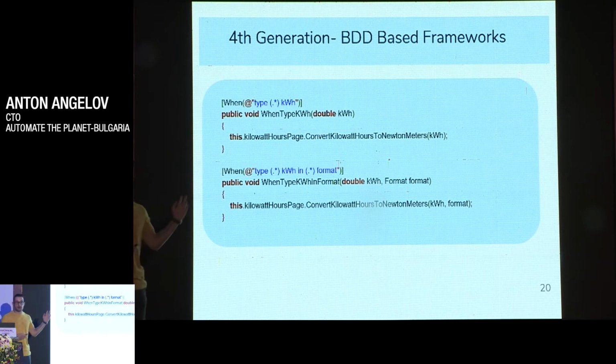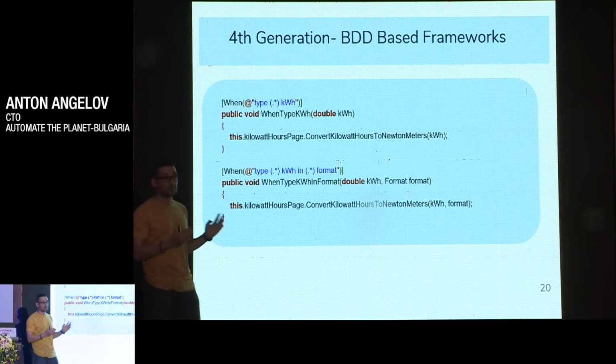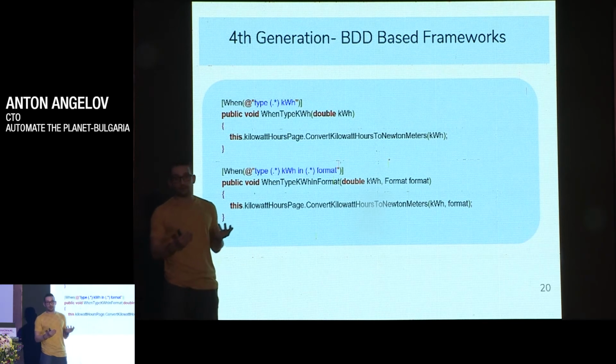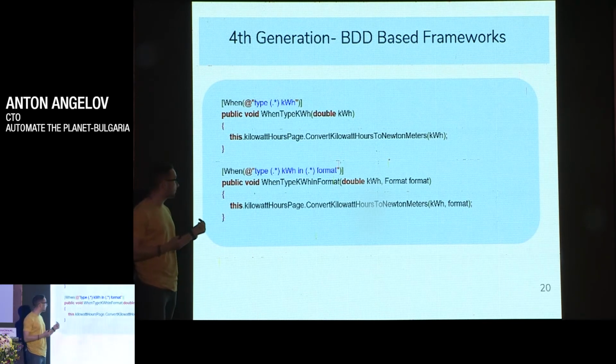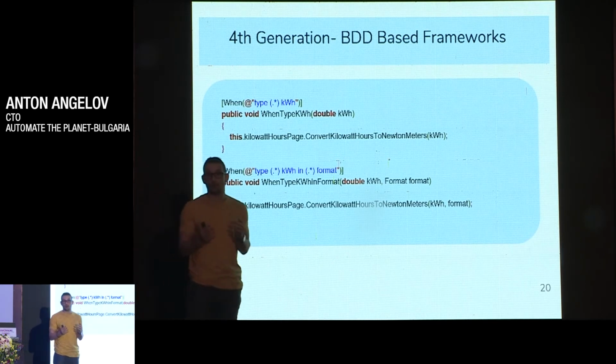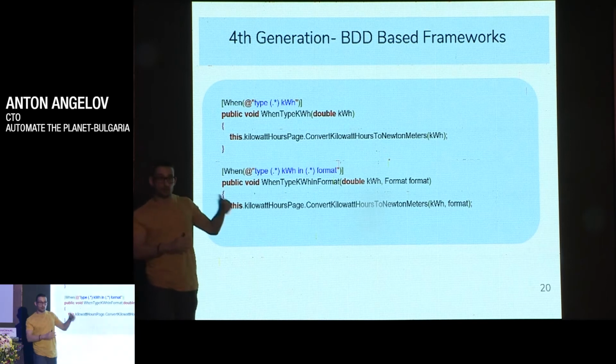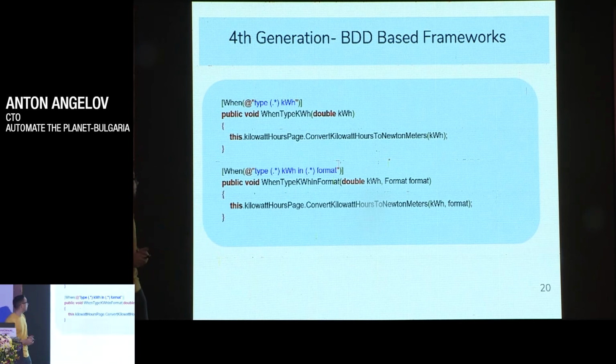So this is another type of fourth generation framework, and usually they're much better than keyword-driven frameworks because they are more tightly integrated in the programming IDEs. So you can debug it, you can refactor it, etc. It's much better.